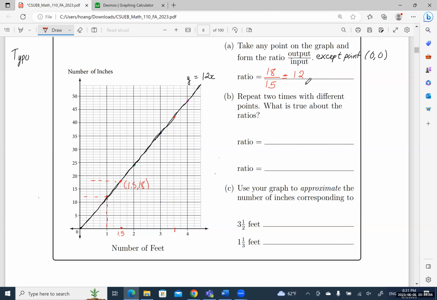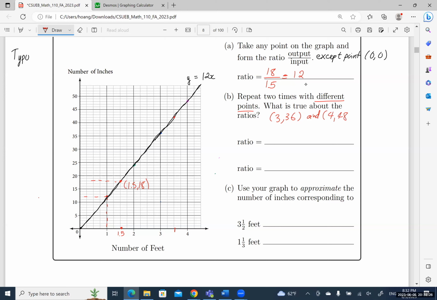The ratio is supposed to be 12, always. Let's check with a different point. I'll make my life easier by using the point (3, 36). So let's say 36 and what else?